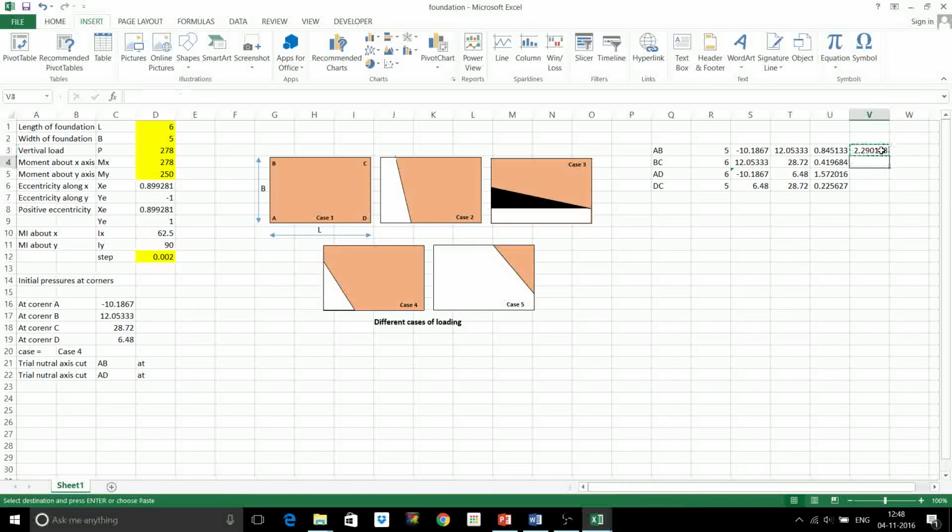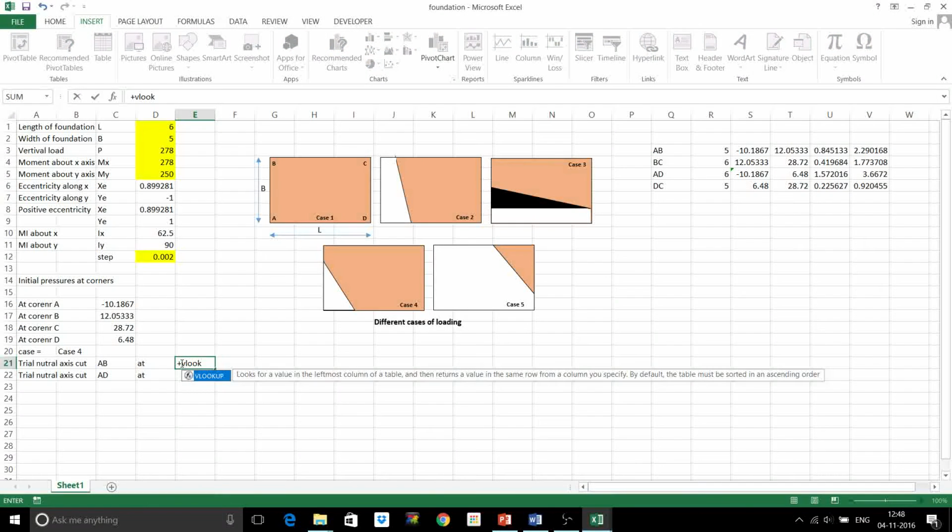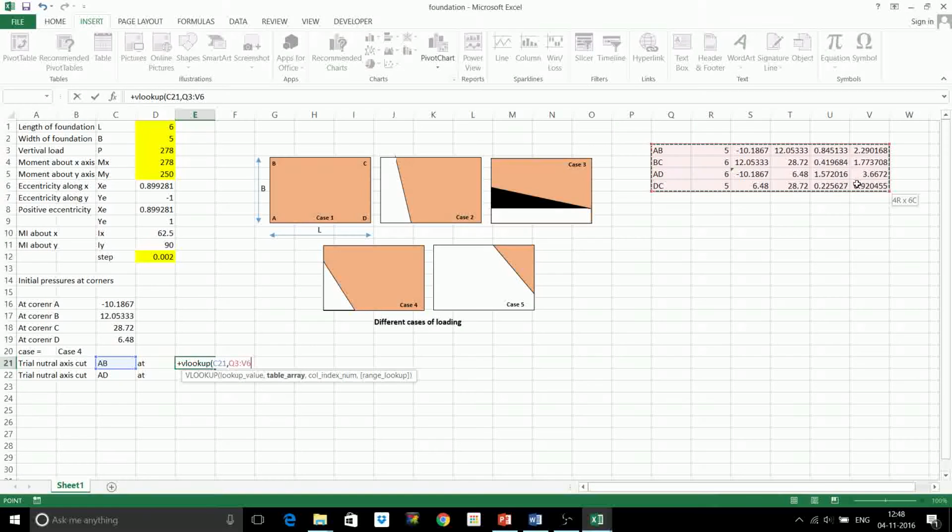And copy same formula for all. Now here I will put VLOOKUP.